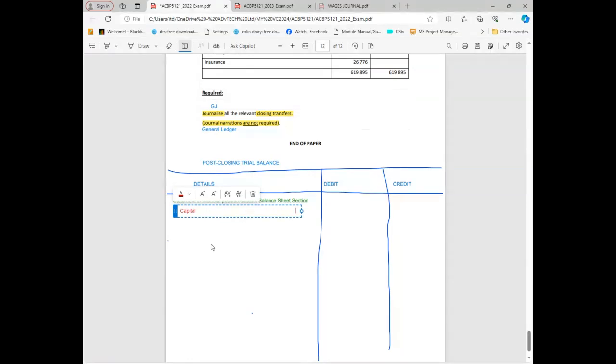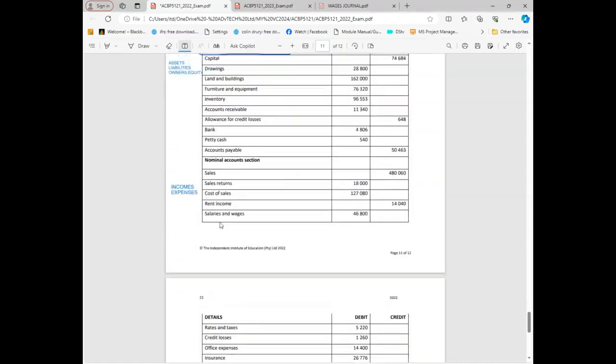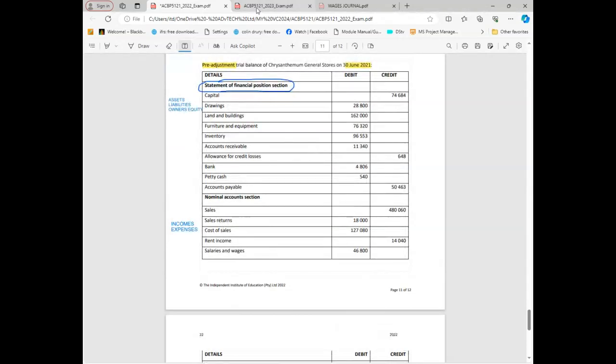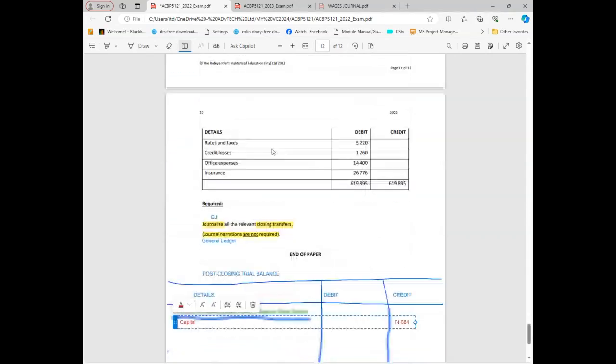It was 74,684. No, it's not. I said yesterday we opened the capital account.